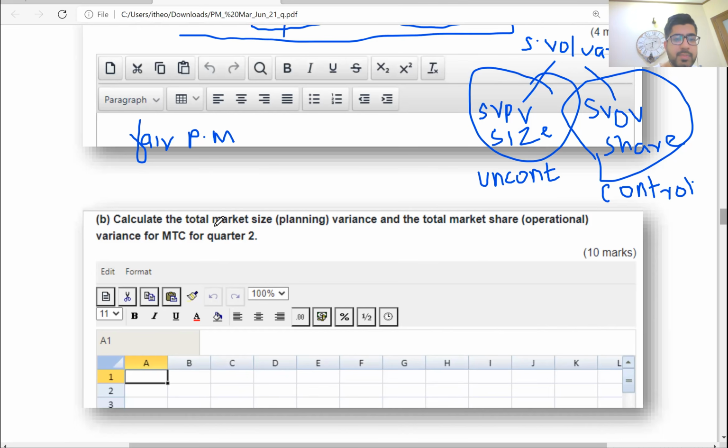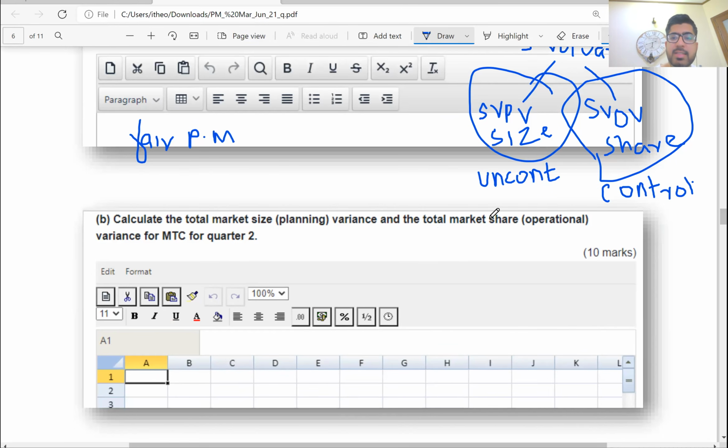Part B, calculate the market size planning variance and market share operational variance. See, it's giving the names. Calculate the market size planning and market share operational variance for MPC for Q2.